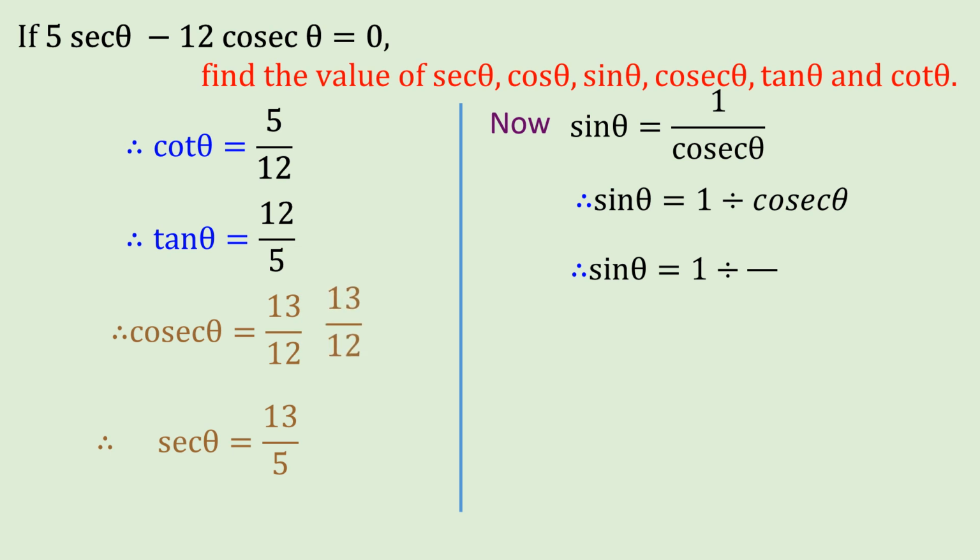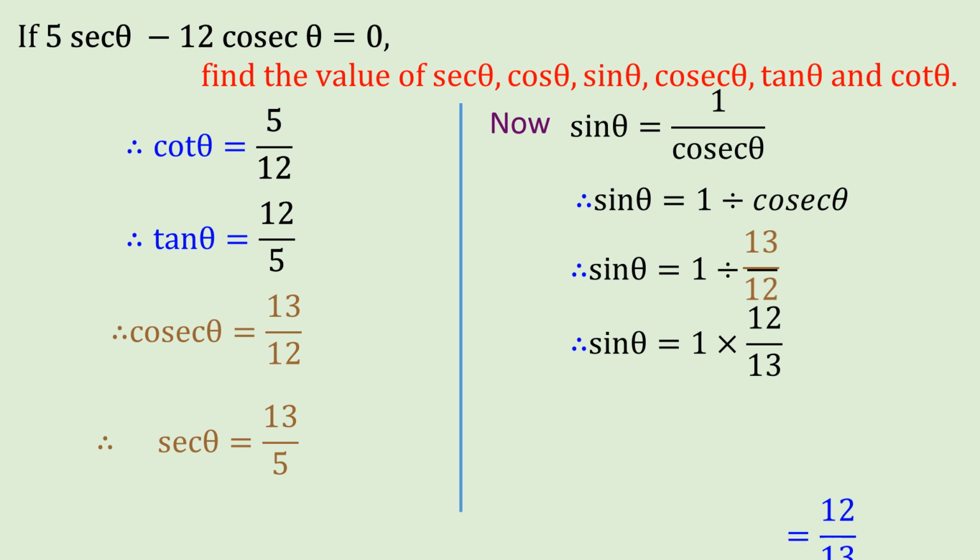When I substitute the value, I get sin theta equals 1 divided by 13 upon 12, which can further simplify. Division will be converted into multiplication, so we will take the reciprocal of 13 upon 12. We got here 1 into 12 upon 13, which is nothing but 12 upon 13. So you got sin theta equals 12 upon 13.